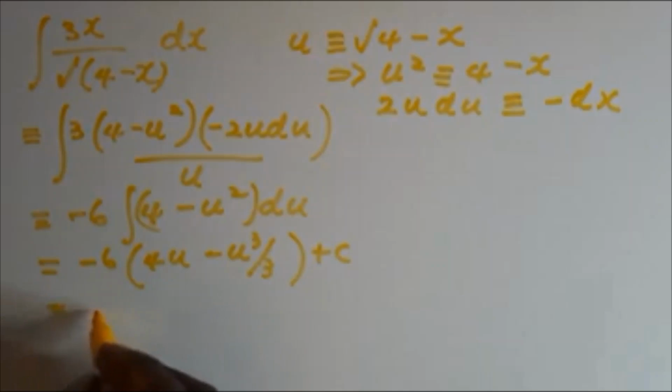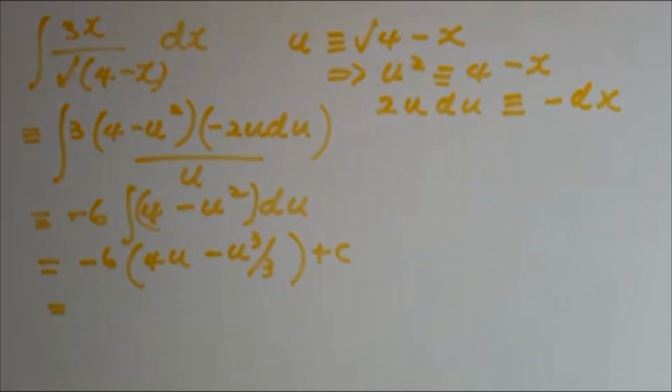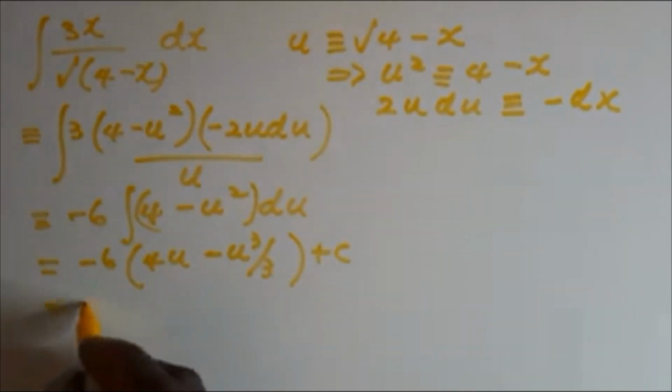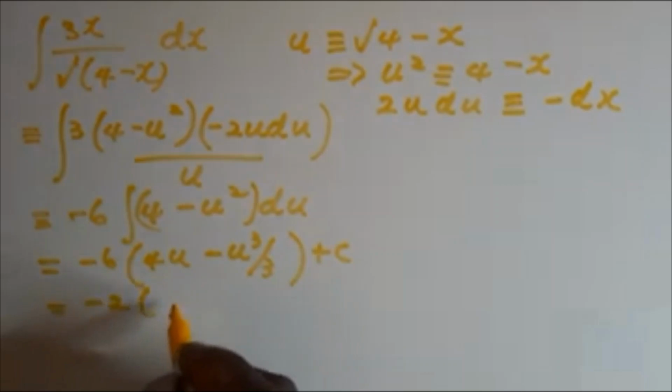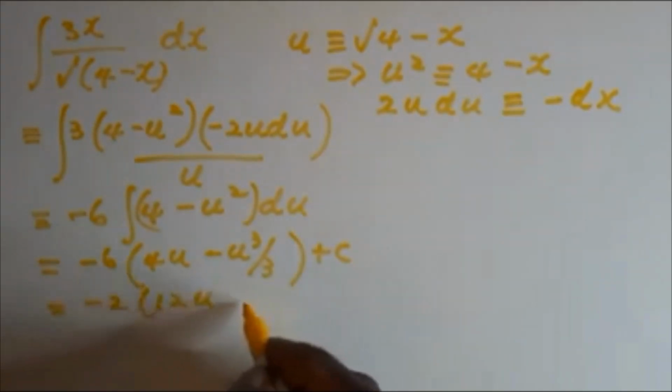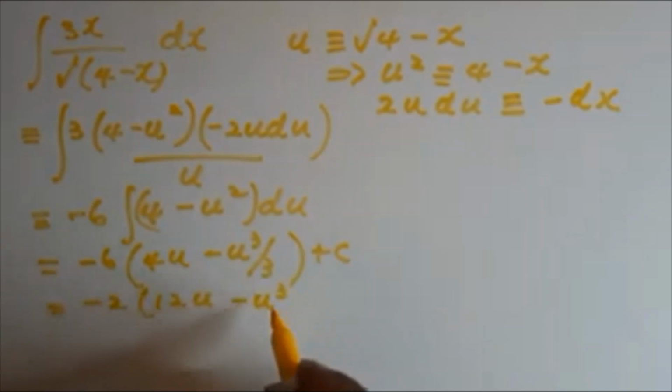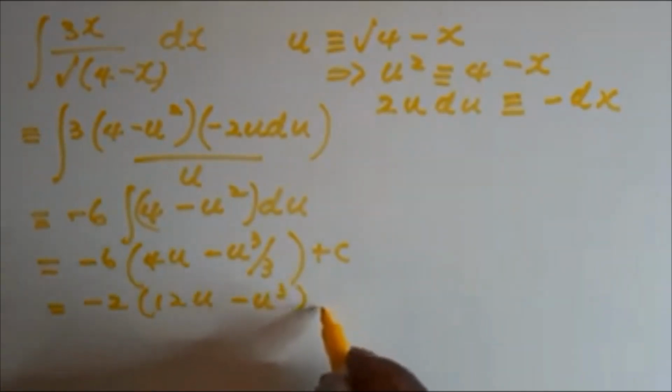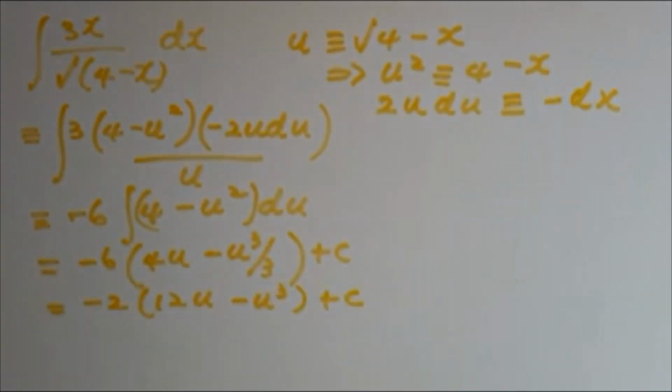You can write a bit of rearrangement here and factorizing in the same step. We brought this into one fraction and then took out a factor of negative 2 to simplify it. 12u minus u cubed add c.